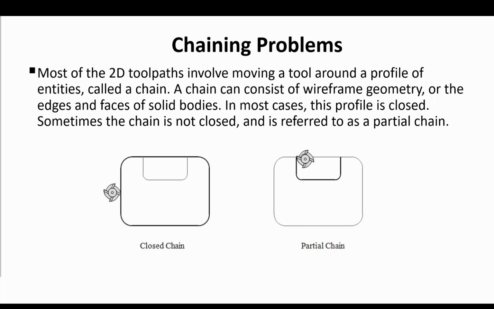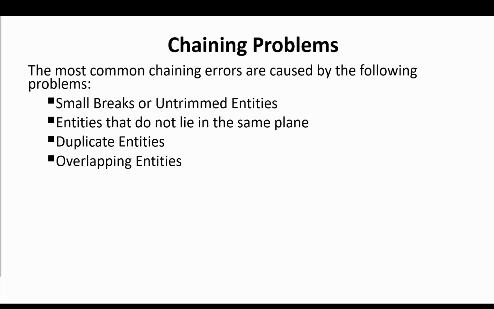partial chain. The most common chaining errors are caused by the following problems: small breaks or untrimmed entities, entities that do not lie in the same plane, duplicate entities, overlapping entities. It is not uncommon for wireframe drawings to contain errors that cause chaining problems. For example, two lines have been drawn where only one is needed.